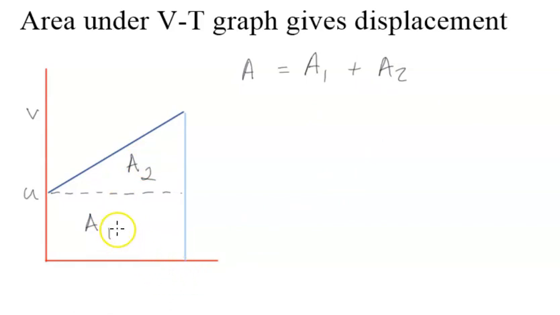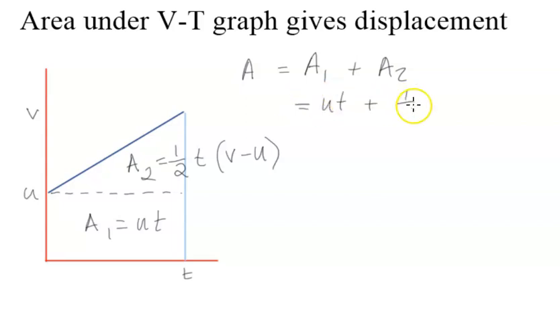And area 1 is given by base times height, which is u times t. And area 2 is given by half times base times height. Let's substitute these into the equation.